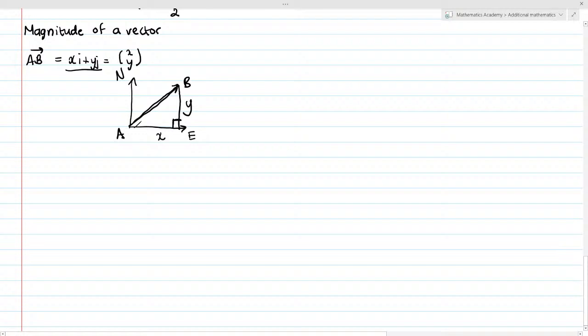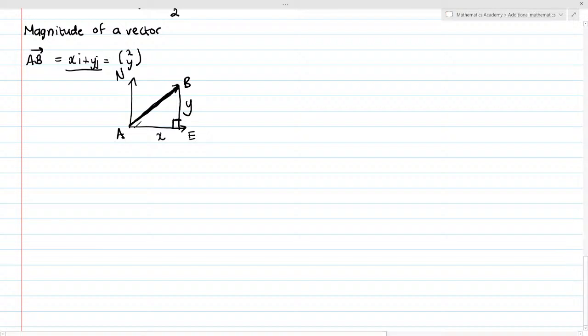And so if we want to find the magnitude of vector AB, we just need to find the length of this segment over here, the segment that takes us from A to B. And how we do that is using Pythagoras' theorem.